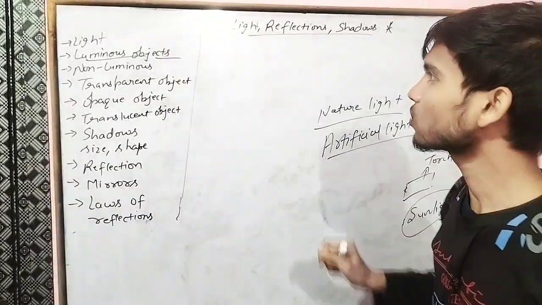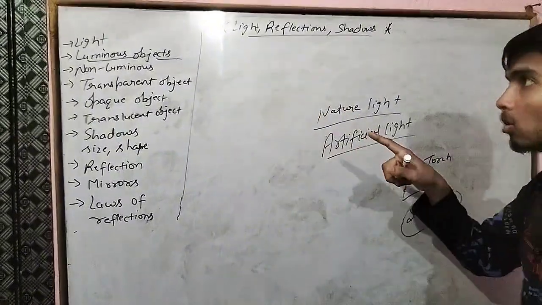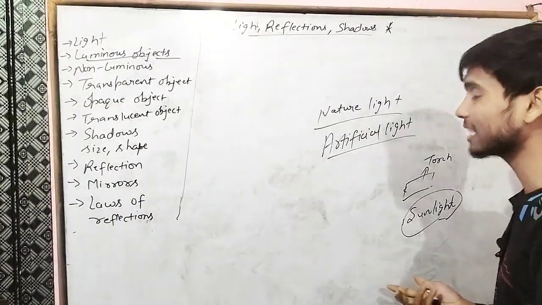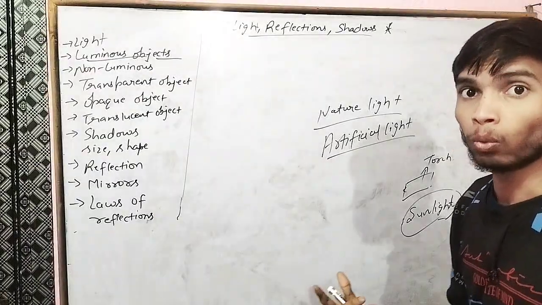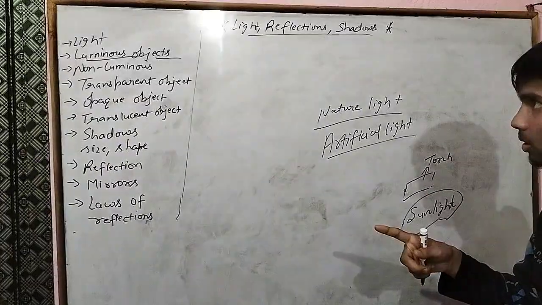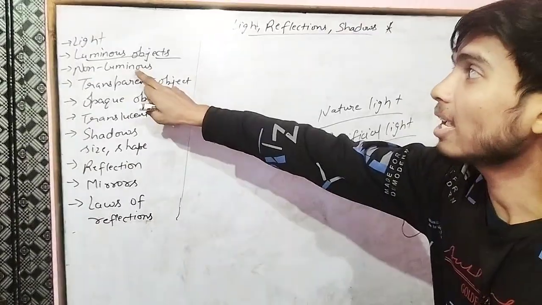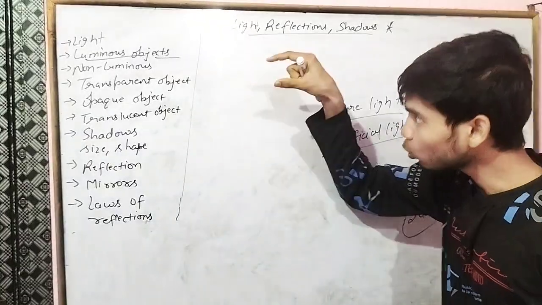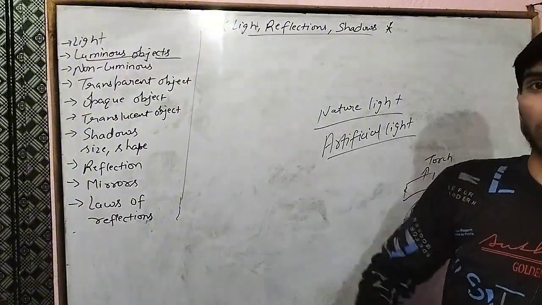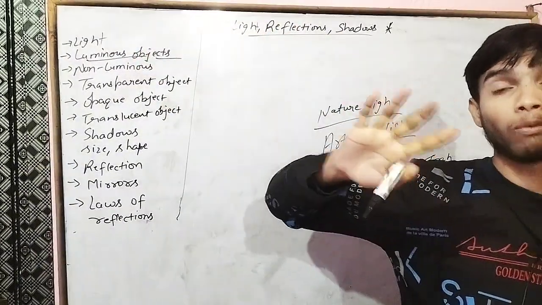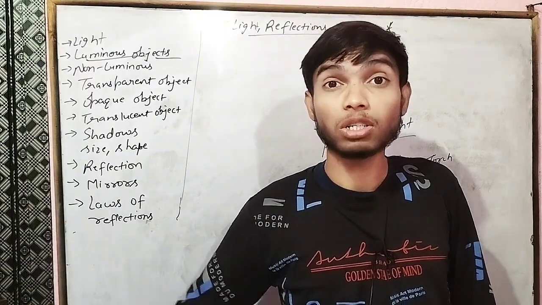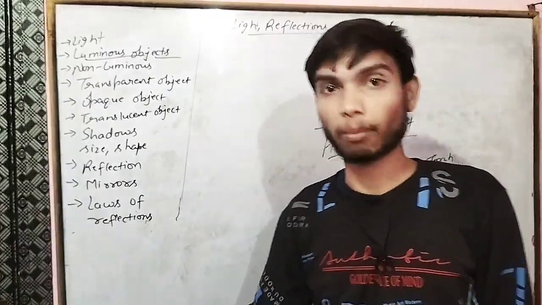As we saw, luminous objects are those objects which can emit their own light, which have their own light. Whereas non-luminous objects are those objects, other than luminous objects, which don't have their own light, any type of light.